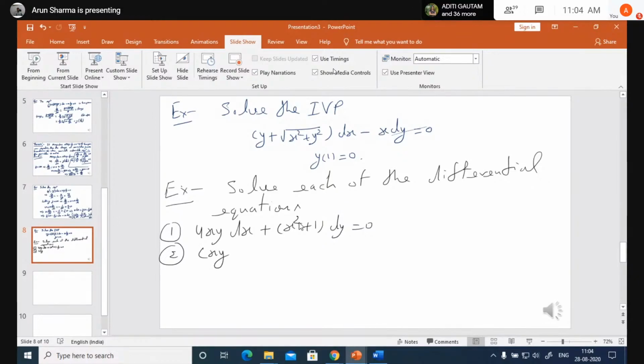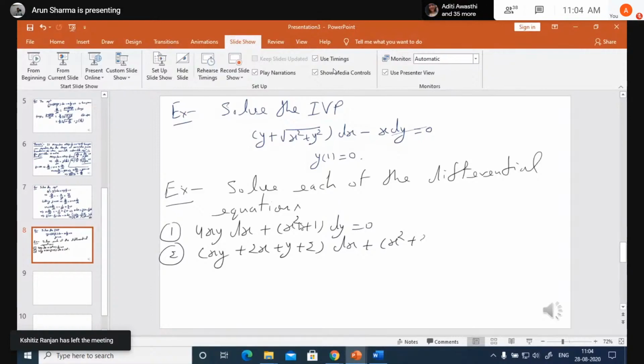Second: xy plus 2x plus y plus 2 dx plus x square plus 2x dy equals to 0.